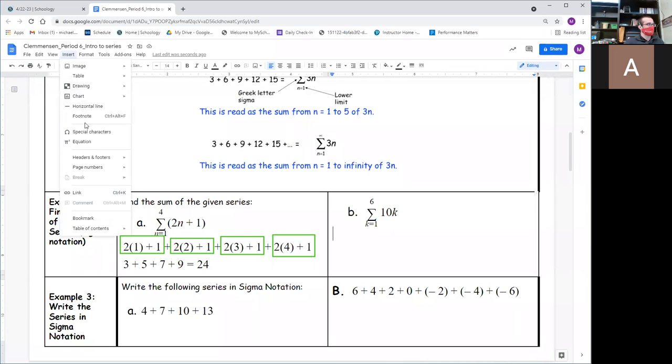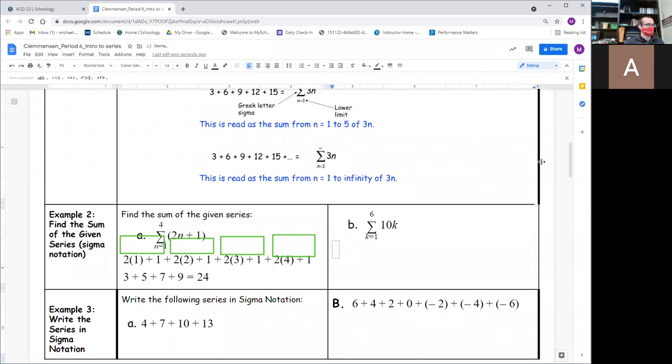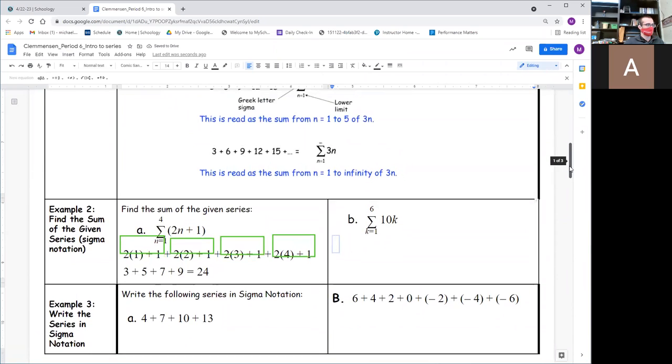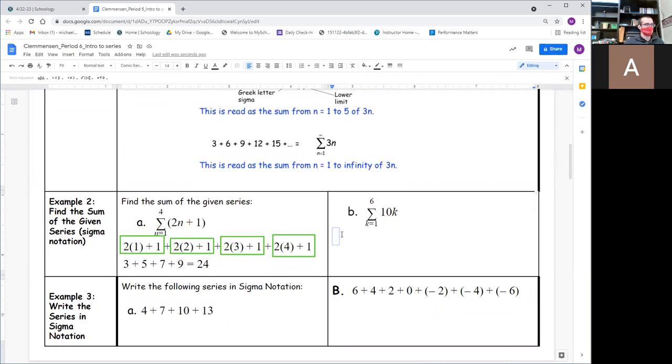I go insert equation. I'm going to scroll down a little bit so that my boxes still line up. That's nice to do. And my first one should be 10 times 1 because I'm starting at k equals 1. What should my next step be?